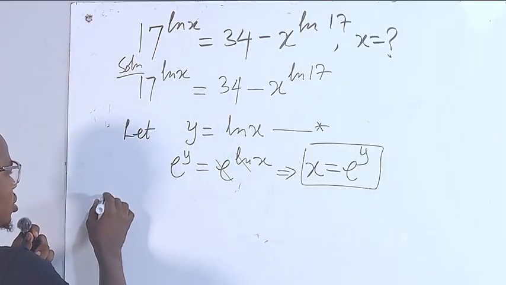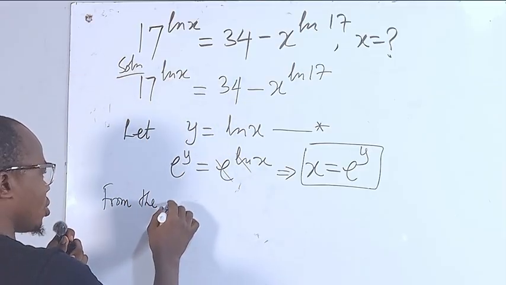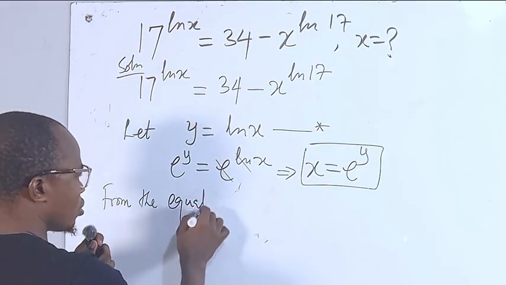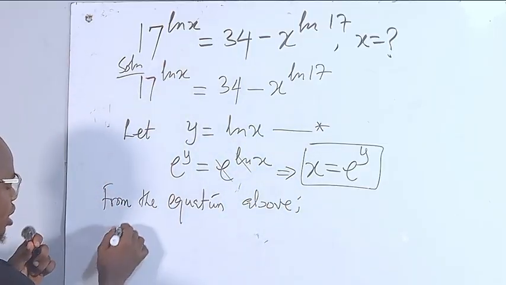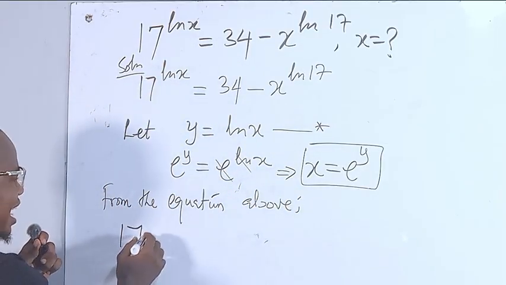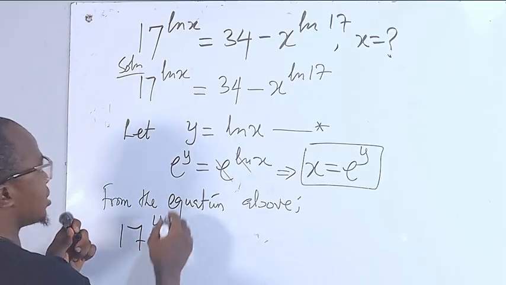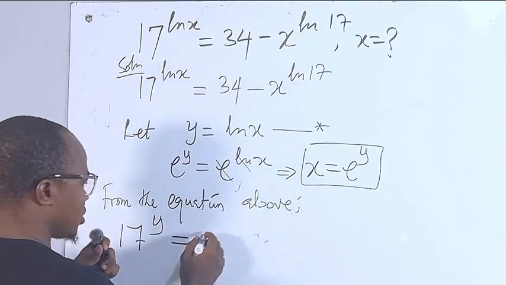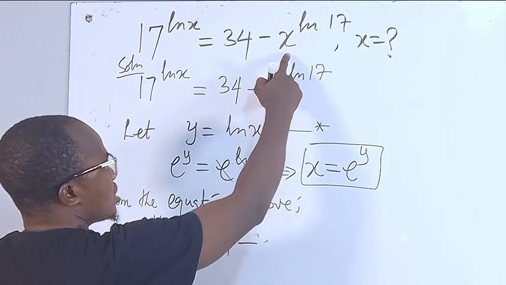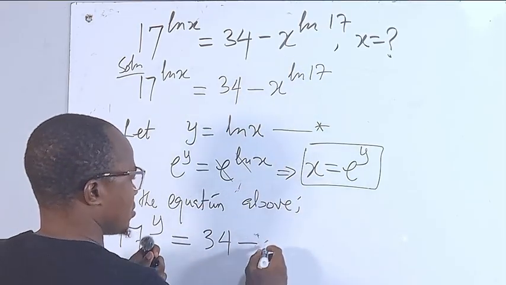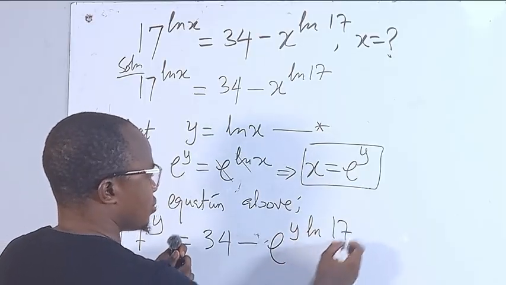So from the equation above, we have 17 to the power of ln of x, which is now y, equals 34 minus, what is x? x is e to the power of y, then ln of 17.